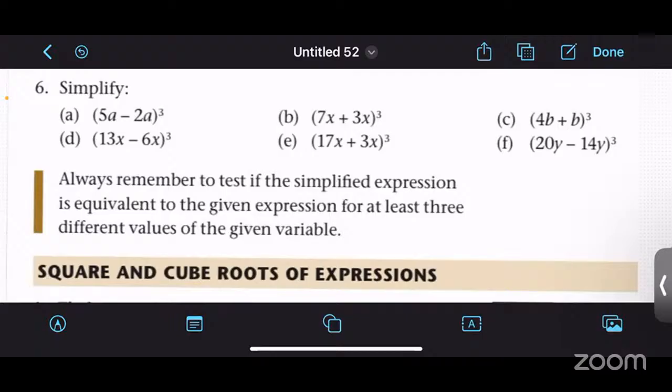The next thing you write is 125a to the power of 3 minus 8a to the power of 3. Then the final answer will be 117a to the power of 3, I believe.